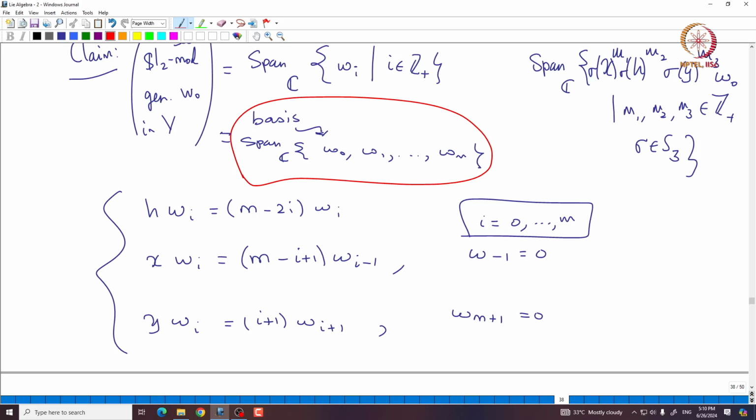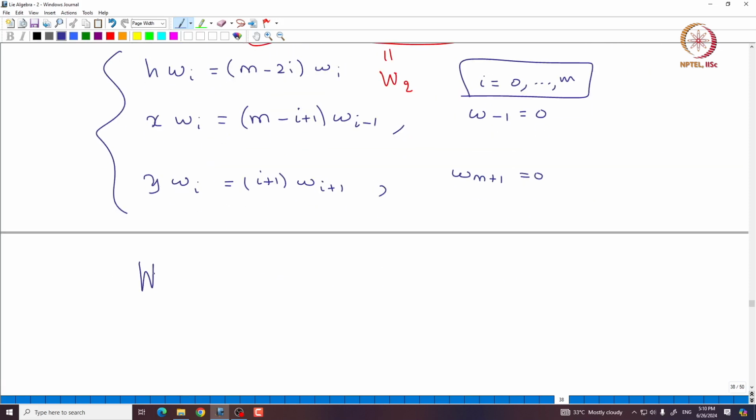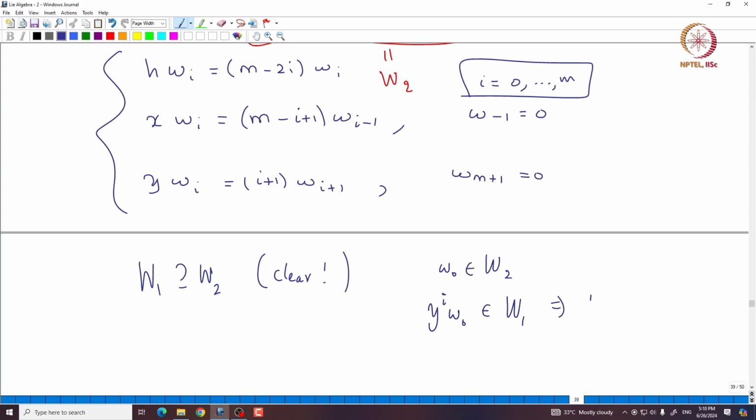Let us call this W 1 and this W 2. Now, it is clear that W 1 contains W 2. This is easy. Why? Because W naught is in W 2, and if you take y powers of W naught, they are going to lie inside W 1, which forces W 2 to be contained in W 1.